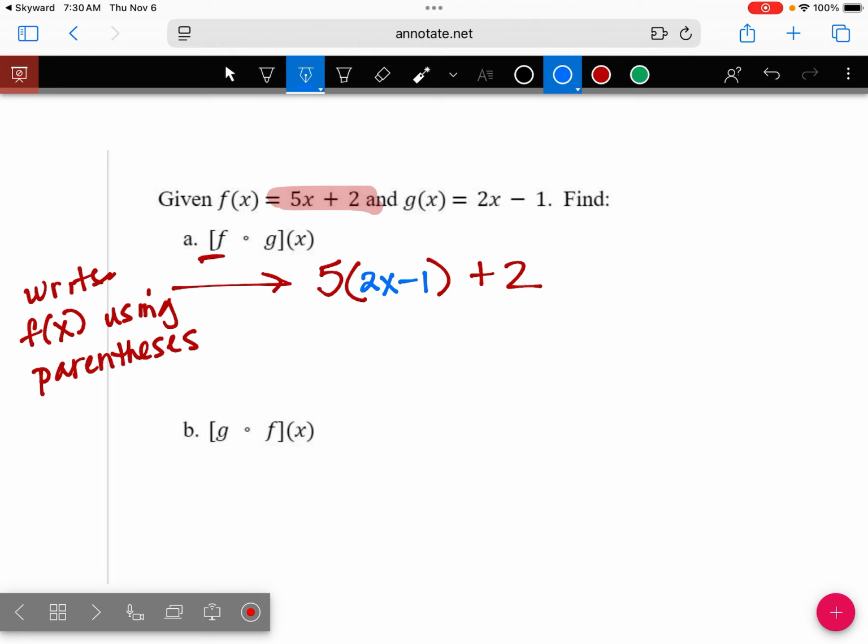Jordan, did I give you a note packet? Oh, okay. So when we distribute that, we would have 10x minus 5 plus 2. And now just combine your like terms. And that would be 10x minus 3. That would be my answer.